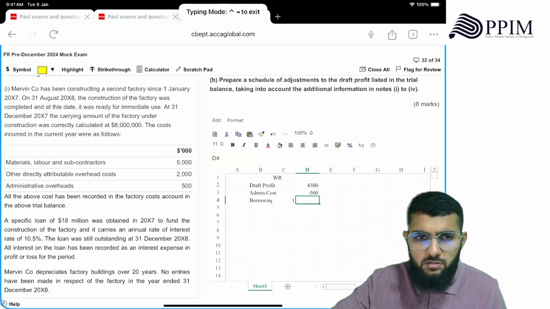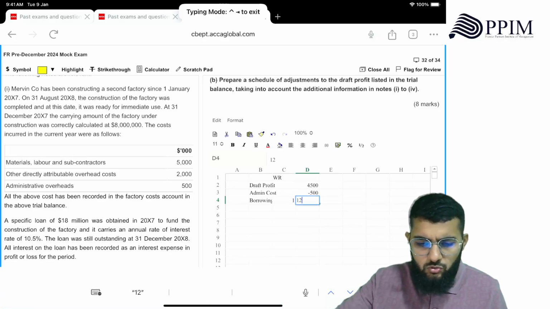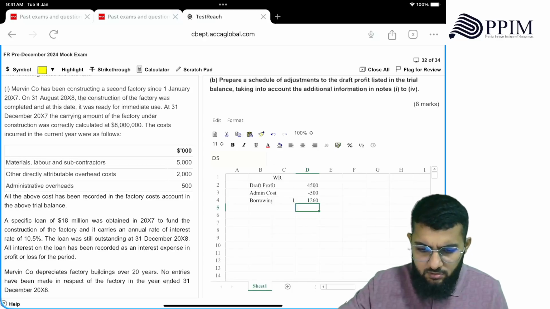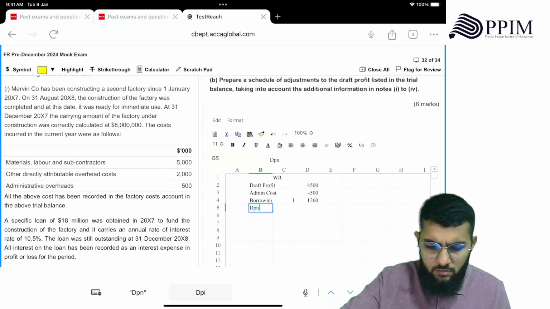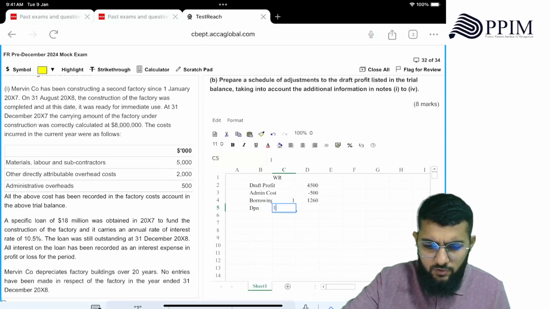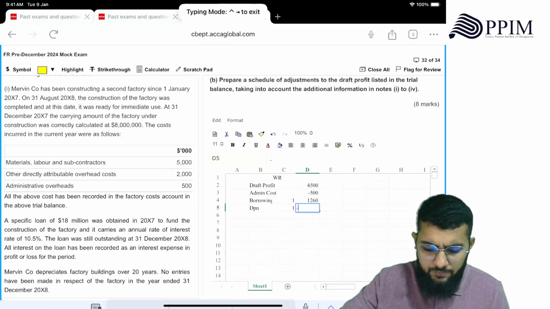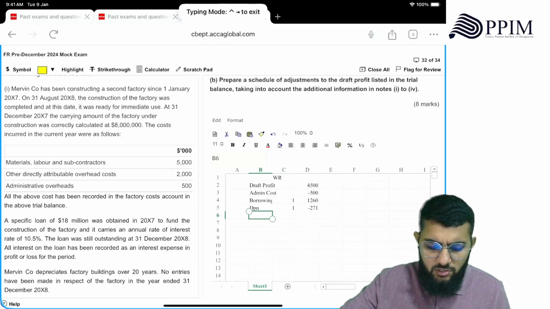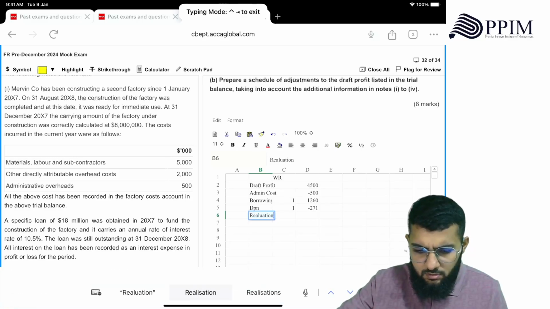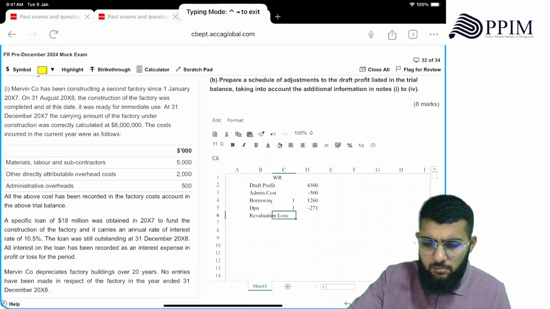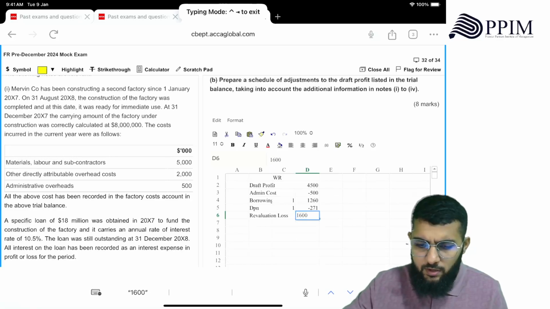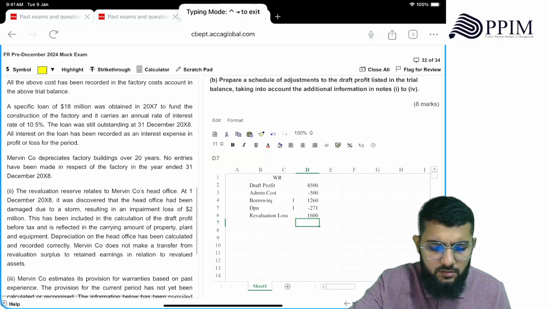How much was that? 1,260. And then depreciation. Depreciation was 271. Depreciation, again working 1, 271. Then revaluation loss. How much is that? 1,600 plus.